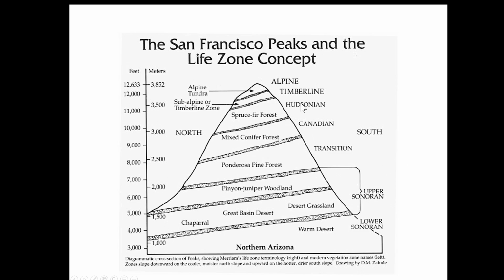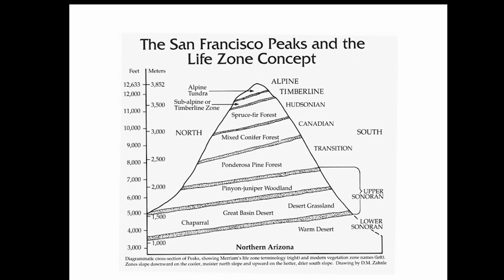So up he went. Well, you can imagine his surprise when he got up to about 11,000, 10,500 feet. He found the exact same plants in the forest where he was from in the Hudson Bay. So up here on the San Francisco Peaks, you see a forest type that looks exactly like it does at Hudson Bay, same plant species, same density of plants.